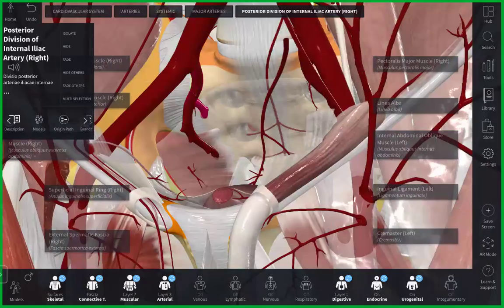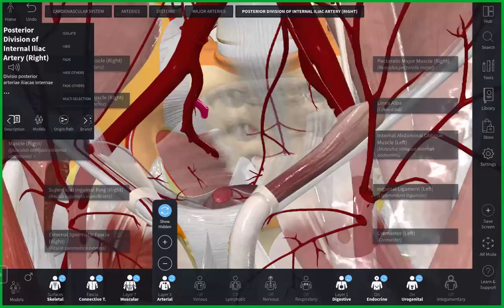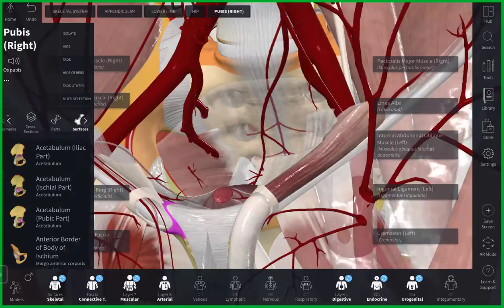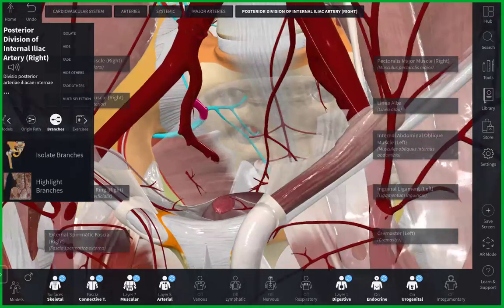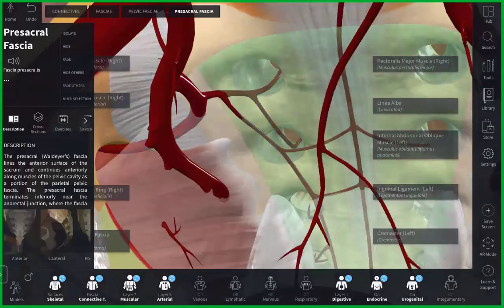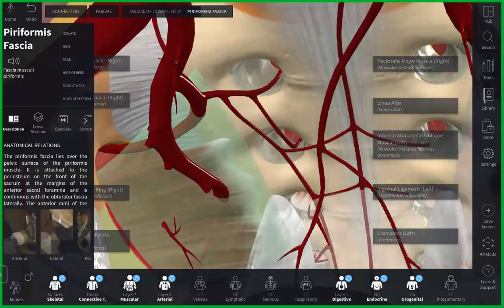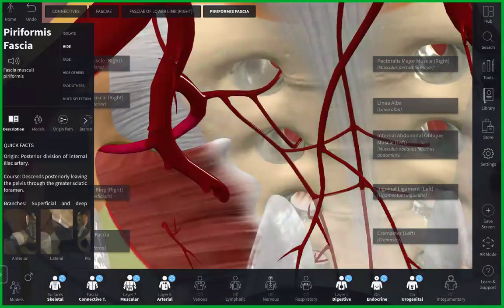It will give one posterior division and one anterior division. Posterior division will supply the back of your pelvis, that is glutes. Let me add the branches. These are not important.